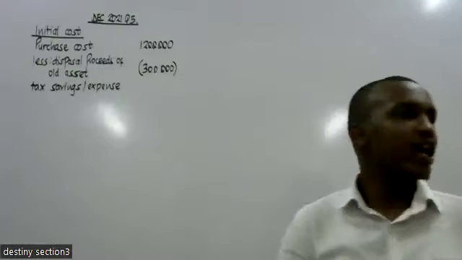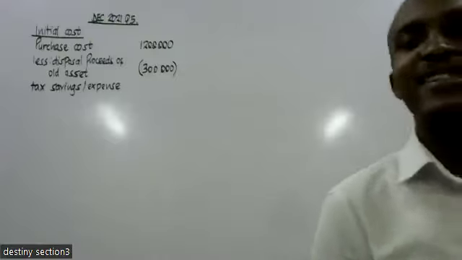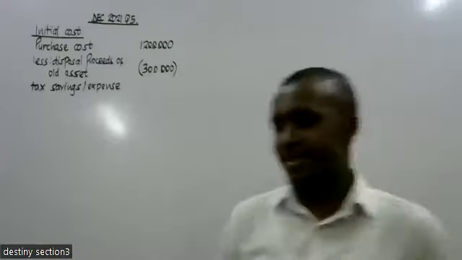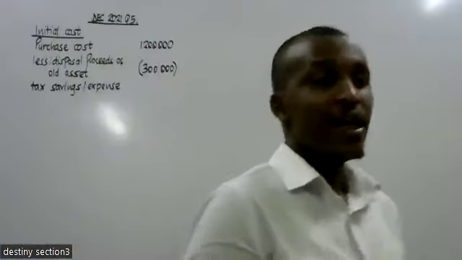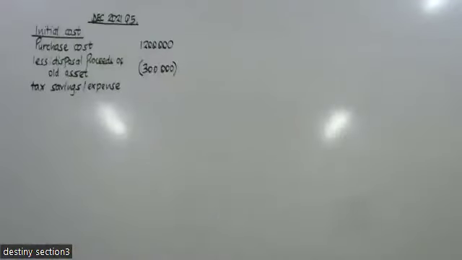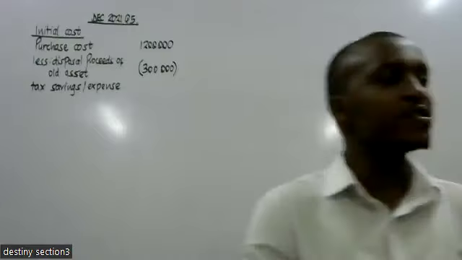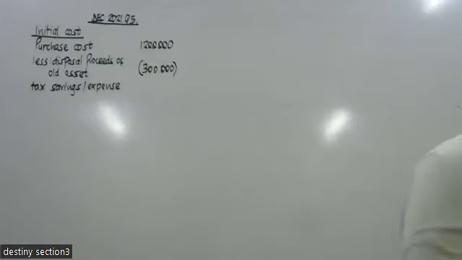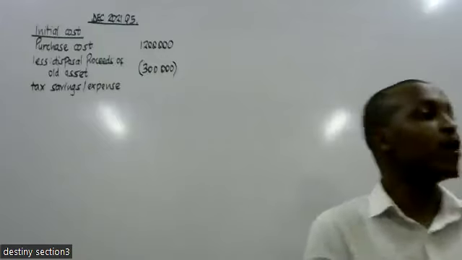The tax savings or expense are a result of disposing an asset at a higher or lower price than the net book value. So you're comparing the disposal proceeds of the old asset and its net book value. Remember, when you dispose of something, you have to pay tax.